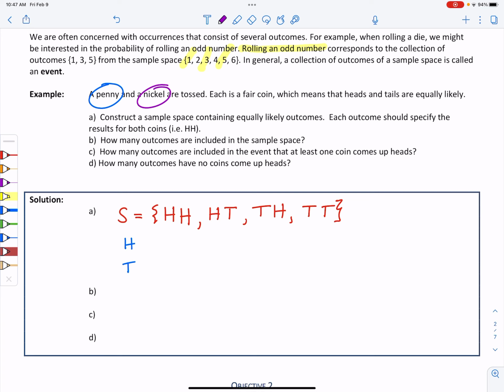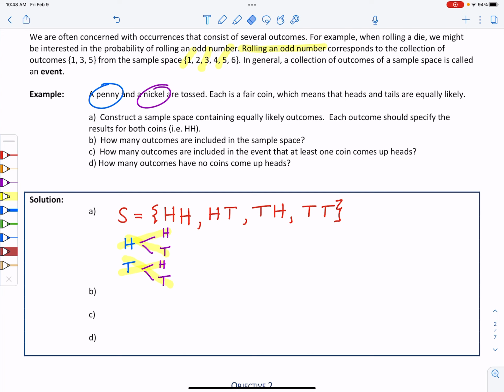Its outcomes would also be heads or tails, but I'm going to branch that off from the previous outcomes. Then notice if I just follow along the branches, I get heads, heads, heads, tails, tails, heads, tails, tails. And if you had a third coin, like a dime that needed to be thrown in here as well, you could keep this going, right?